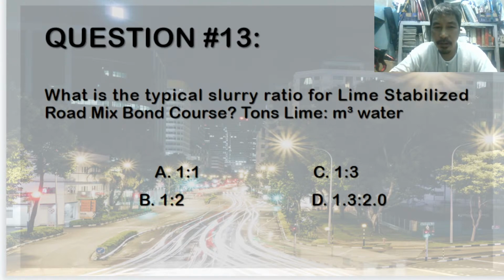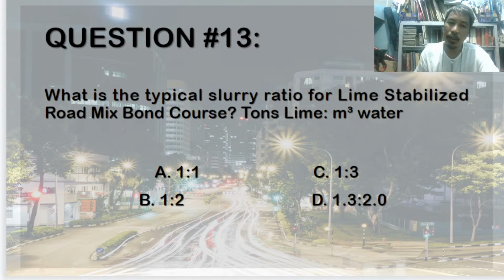What is the slurry ratio for lime stabilized, in terms of tons of lime to cubic meter of water? A, 1:1, meaning 1 ton of lime to 1 cubic meter of water. Letter B, 1:2, 1 ton of lime to 2 cubic meters of water.